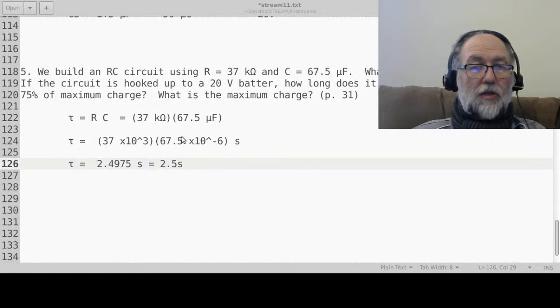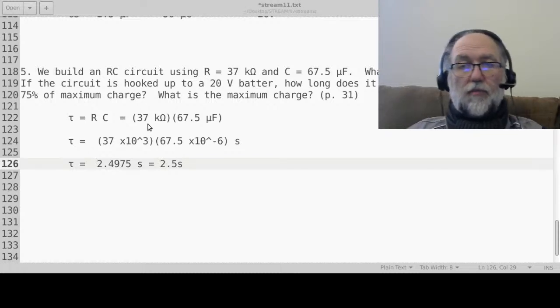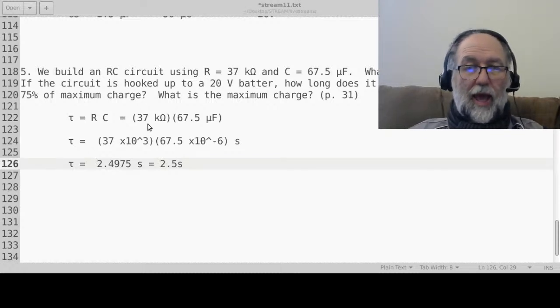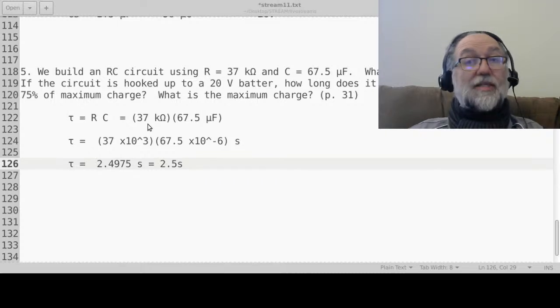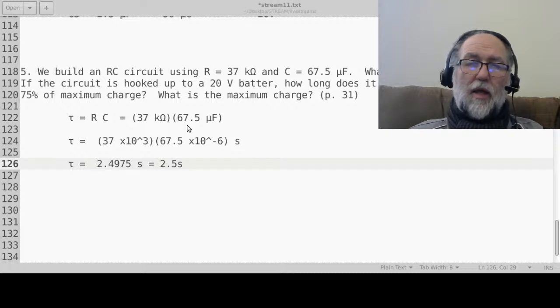Now, a 37 kilo ohm resistor, easy. You'll see those in the lab this week. 67.5 microfarads, that's a little bit big. You can have them in the lab, but this is about as big as you're going to get for a lab size capacitor. And there you go, you get a time constant of 2.5 seconds.